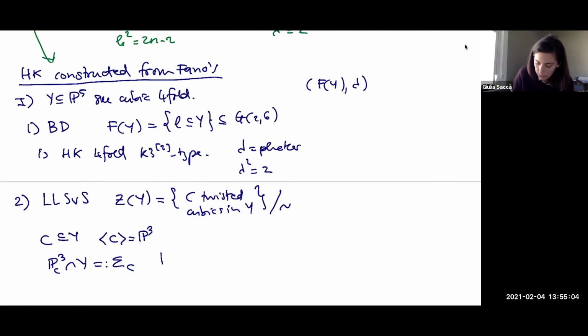And so the whole two-dimensional linear system of twisted cubics on that same cubic surface is all identified under this equivalence relation. And basically, that's almost the only thing that you identify.